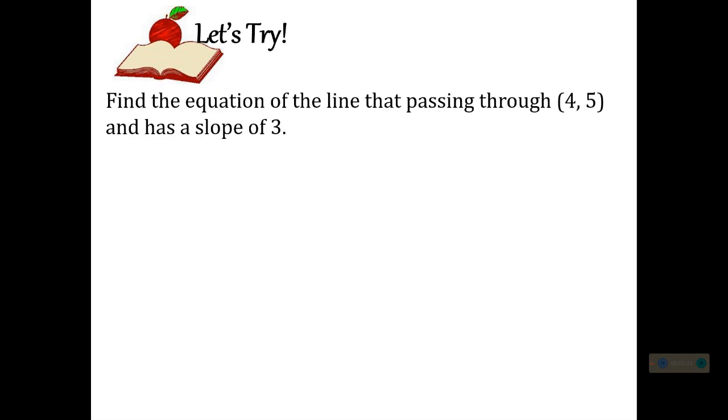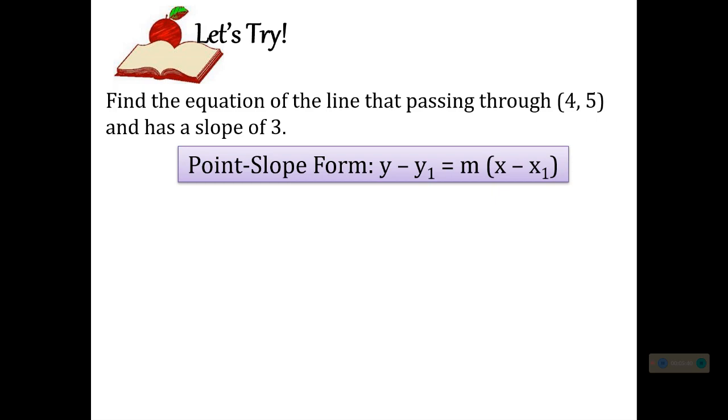Okay, so to proceed, let's find the equation of the line that passes through 4, 5, the point that we obtained earlier, and has a slope of 3, which we also got on our previous slide. So we have here the point-slope form, wherein we have y minus y sub 1 equals m times x minus x sub 1.